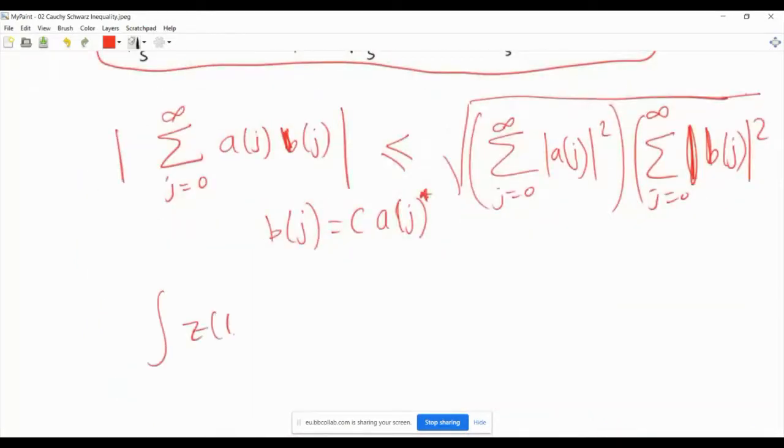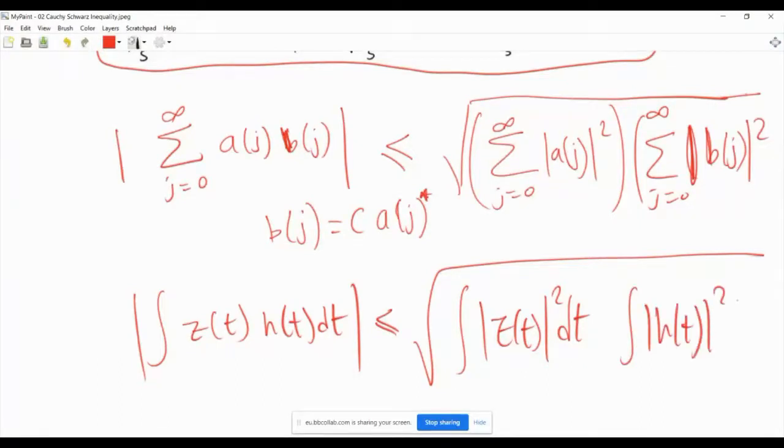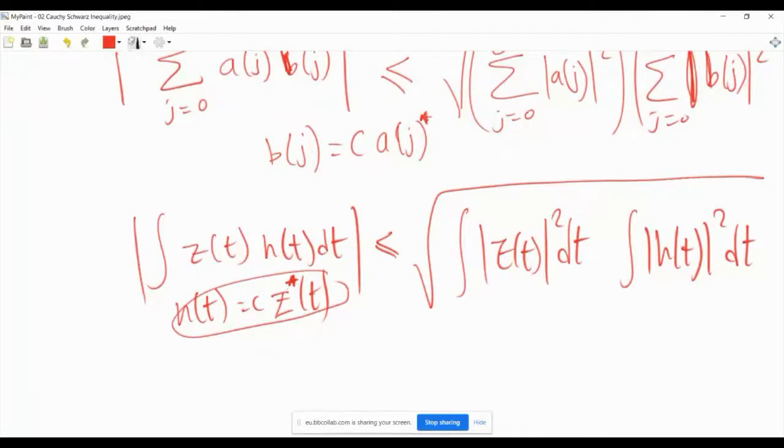Say that the magnitude of the integral of z of t h of t dt is less than or equal to the square root of the integral of the magnitude of z of t squared dt times the integral of the magnitude of h of t squared dt. And you get equality here if h of t is equal to a constant times z conjugate of t.